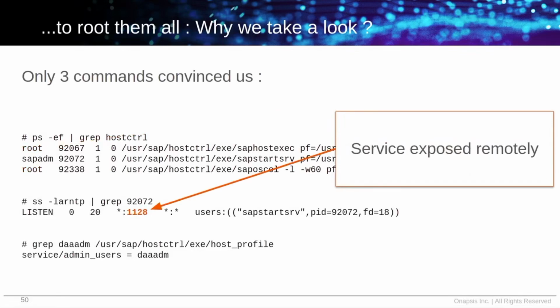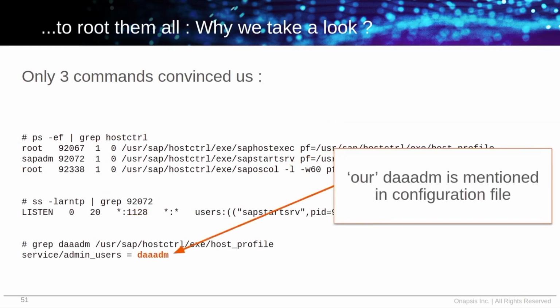The second one, you can access the services remotely using the port 1128. And the last one, the most important one, is we found that the ADM user is listed somewhere in the configuration file of the SAP host agent. So these three things convinced us that we need to go deeper on it.